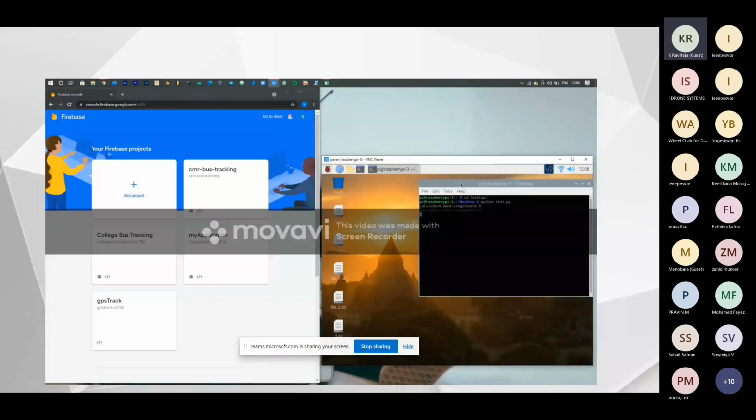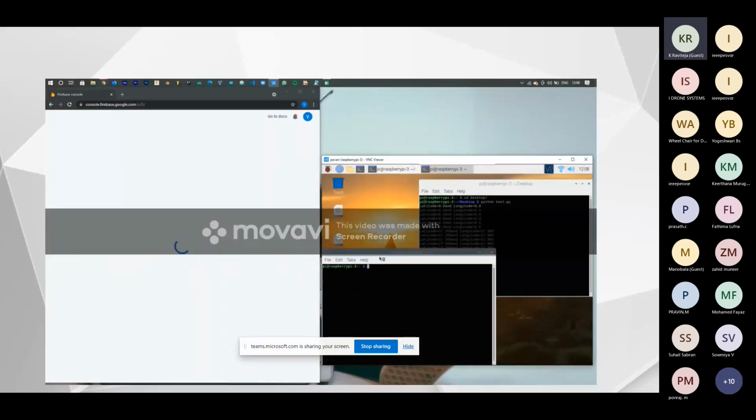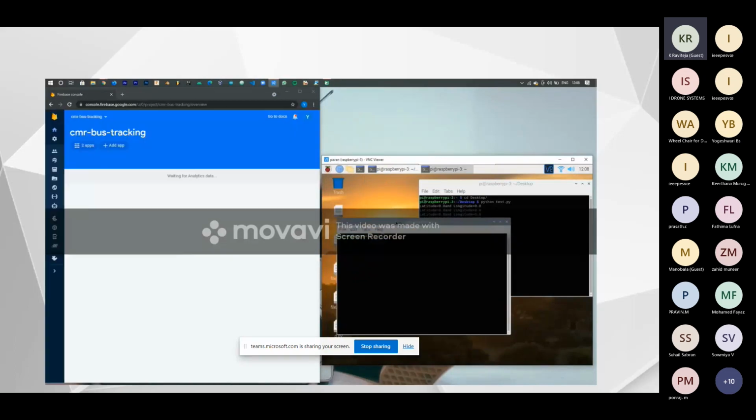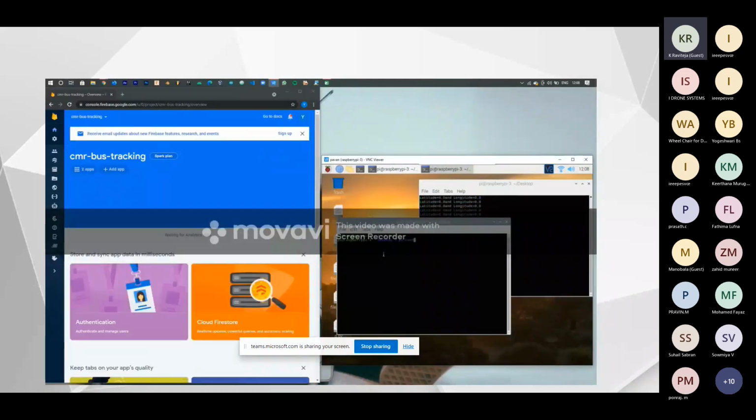On the right side is the Raspberry Pi screen. We can see on the right side Raspberry Pi screen that the coordinates are being received in the GPS module, and whether it is transmitting or not will be checked right here. And on the left side we can see the Firebase server.